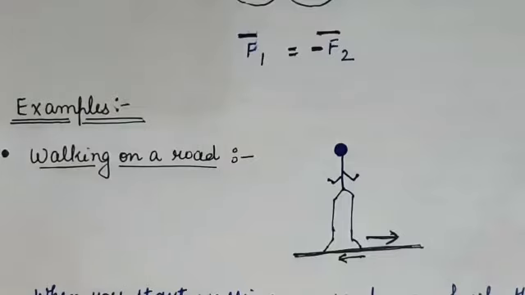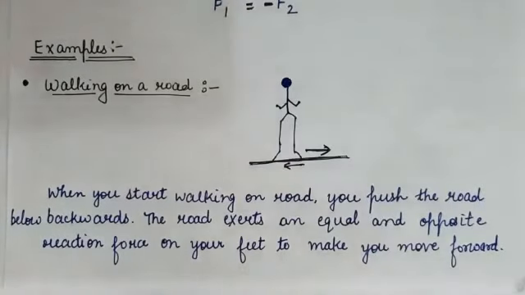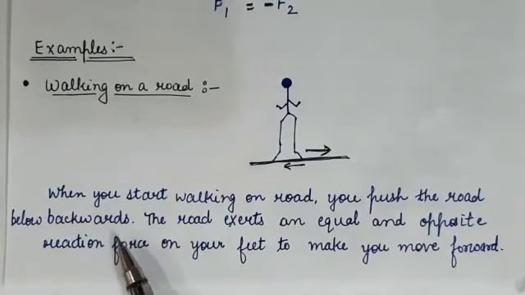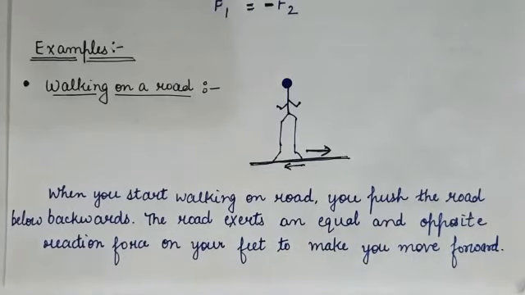So this is the application of Newton's third law of motion. You can write in your own words: when you start walking on a road, you push the road backwards. The road exerts an equal and opposite reaction force on your feet to make you move forward. Clear?